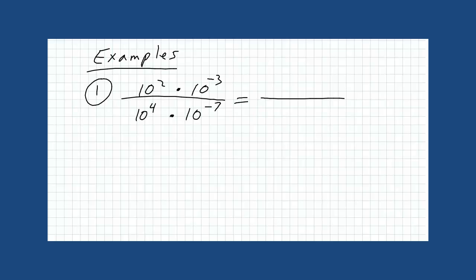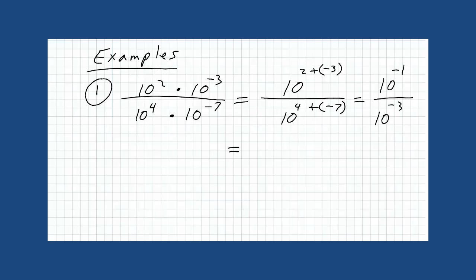So here we have 10 to power 2 plus negative 3. And the operation down in the denominator, 10 to the power 4 plus negative 7. Up we will have 10 to power negative 1, and down we will have 10 to power negative 3.